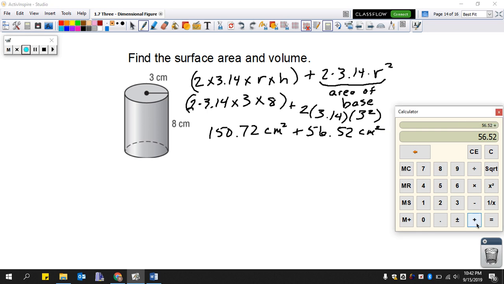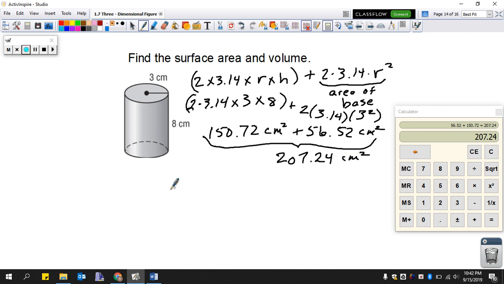And so we add those two together, and we end up with 207.24 square centimeters. All right? So that's the surface area.